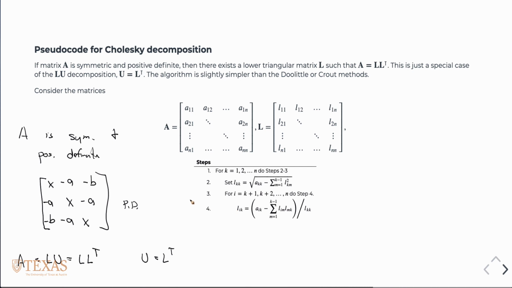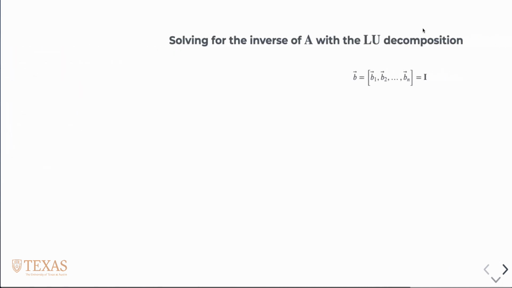Once you have this Cholesky decomposition, you can use forward and back substitution for solving systems of equations the same way you would with a regular LU decomposition. We can use these ideas to solve for the inverse of a matrix. Basically, we set our right-hand side to be a collection of right-hand side vectors that together form the identity matrix.